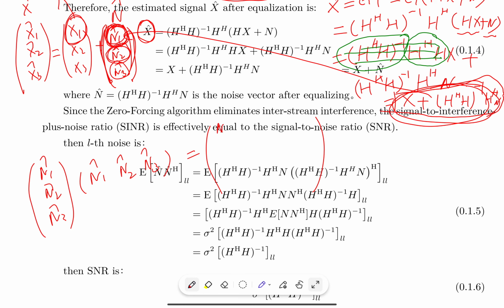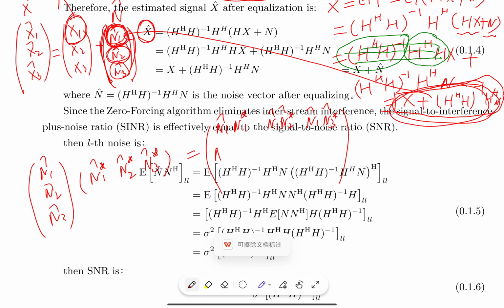The first row is n1 hat times n1 conjugate, n1 hat n2 conjugate, n1 hat n3 conjugate.